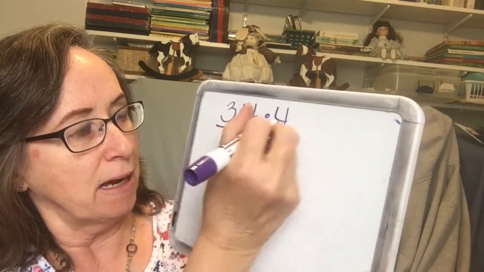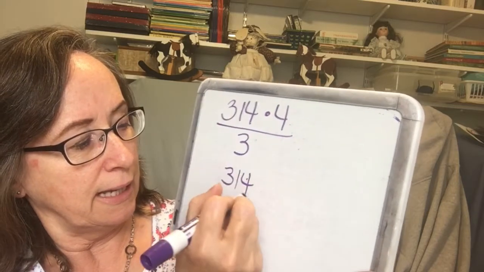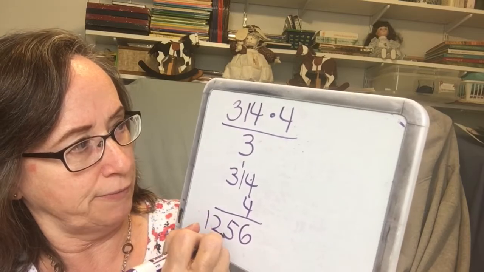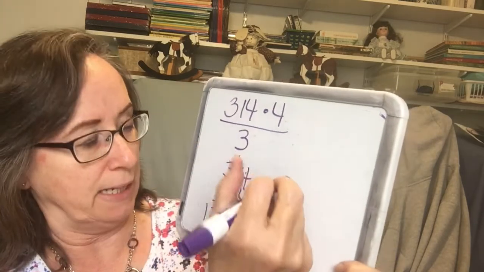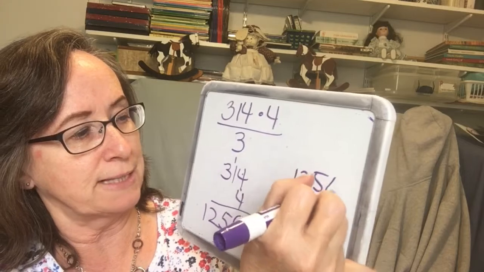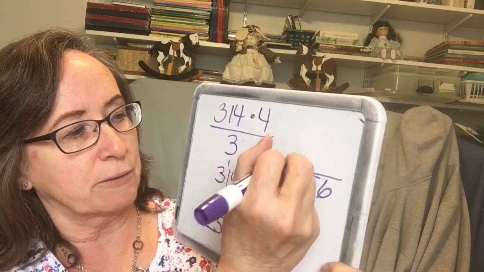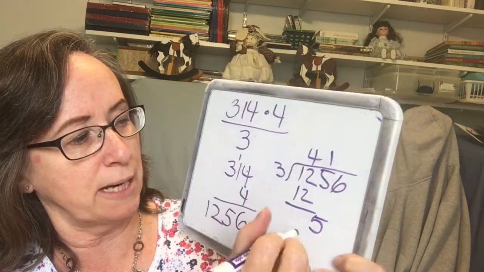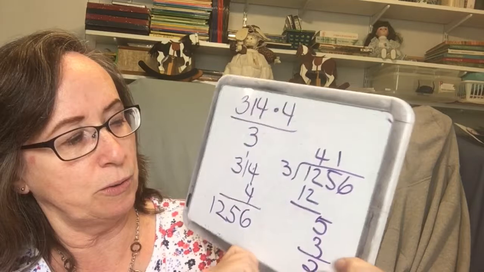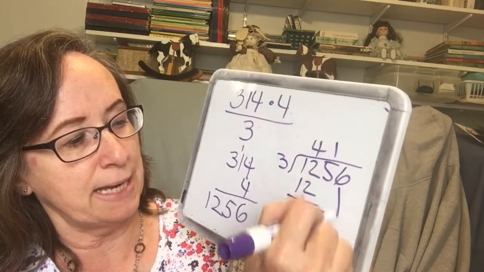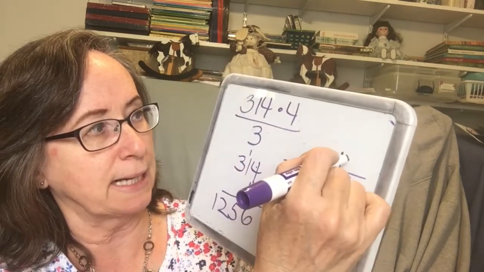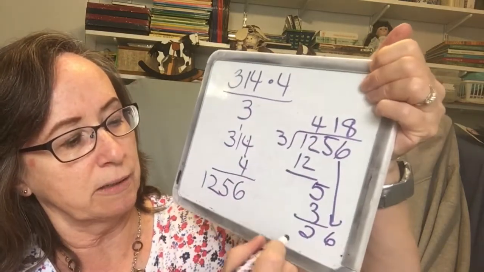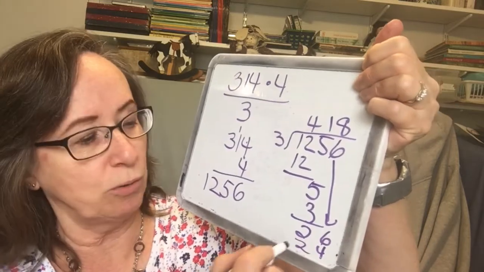314 times 4 is 1256, and then we've got to divide that by 3. So 12 divided by 3 is going to go 4, and then the 5 is going to go 1 with a 2 left over, and the 6 comes down, and 3 into 26 is going to go 8 times, which is 24, with a 2 left over.